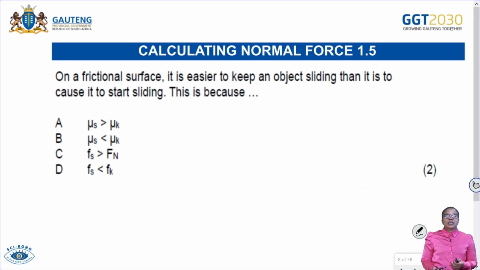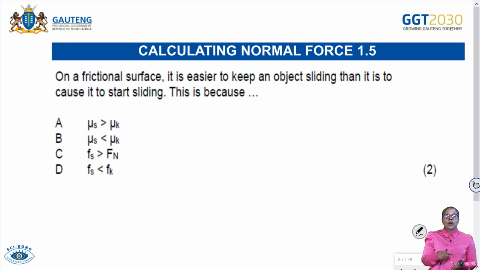Why? Because we are concerned about the coefficient of frictional force, which is the one that is telling us about the surface, whether it is smooth or whether it is rough. Remember, the rougher the surface, the more friction that you will experience. So the correct answer in this case, your static friction has to be greater than your kinetic frictional force.